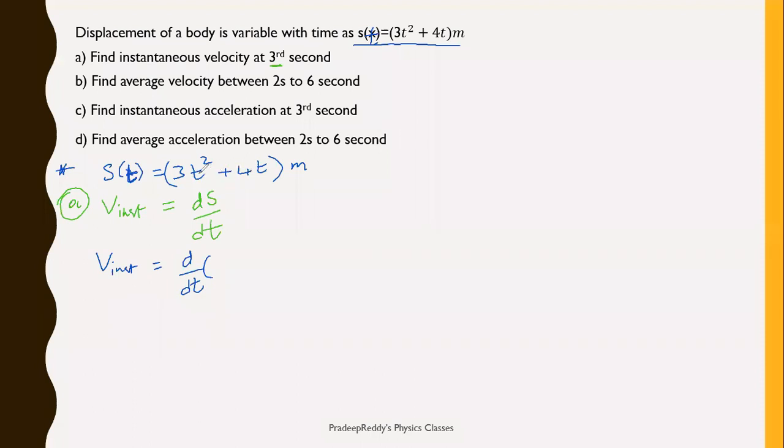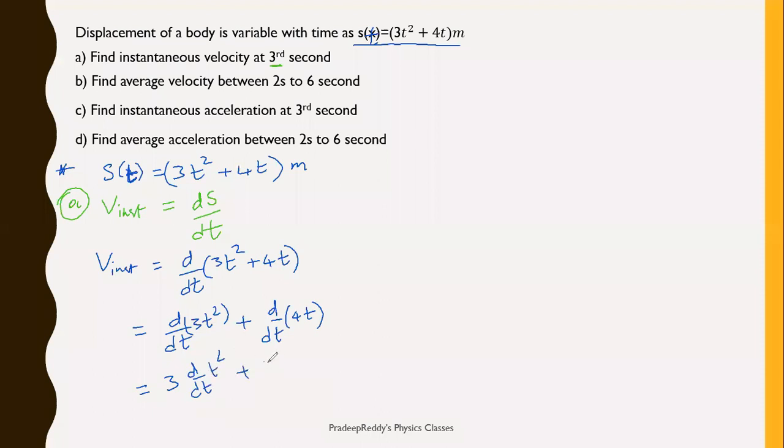We substitute this equation, 3t square plus 4t. Individually you should differentiate this: d by dt of 3t square plus d by dt of 4t. 3 is a constant, so you bring it out: 3 into d by dt of t square plus 4 into d by dt of t.